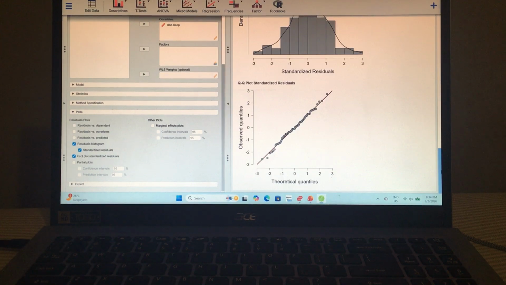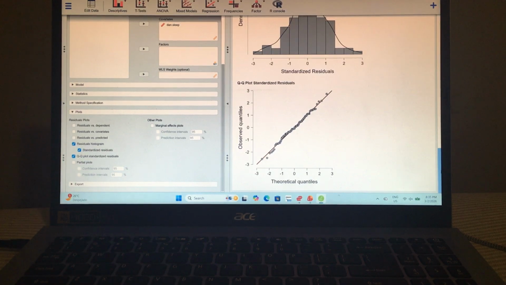And then let's check our output against figure 11.8a and 11.8b. Looks the same. So we have a histogram of standardized residuals and we have a QQ plot of standardized residuals. And we're looking for normality. Looks okay.